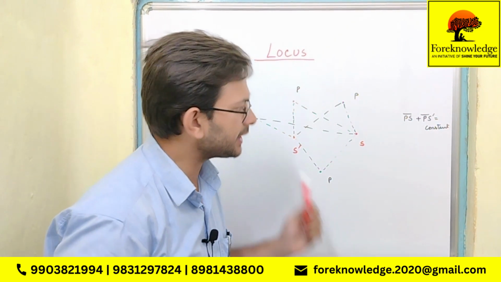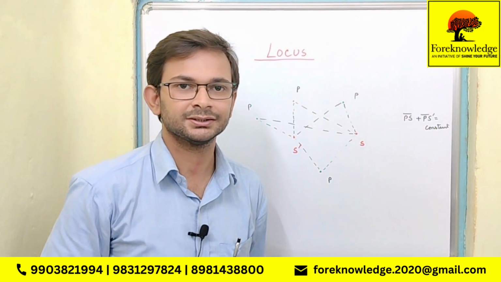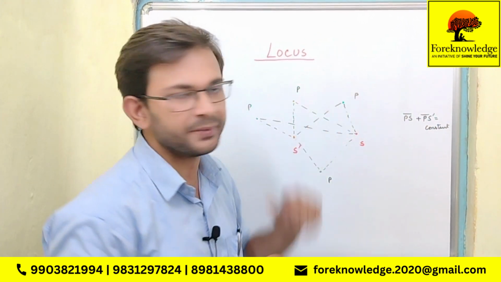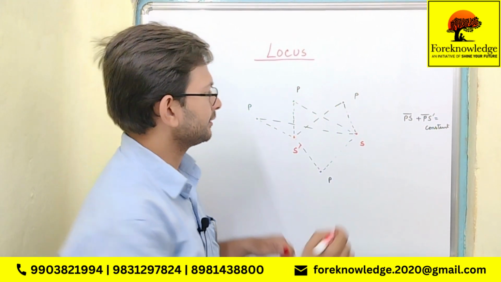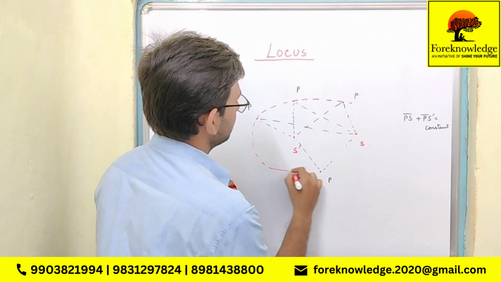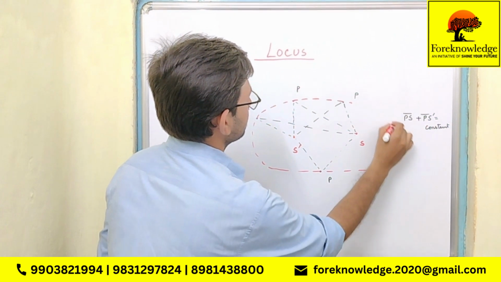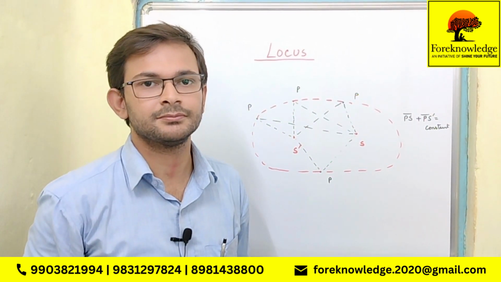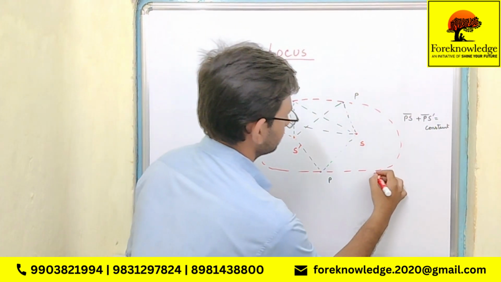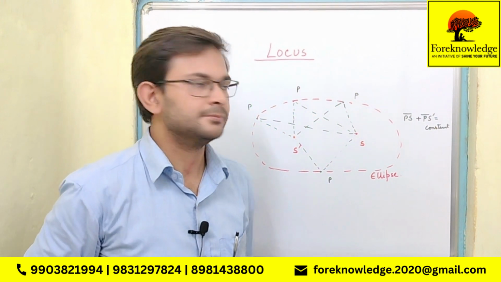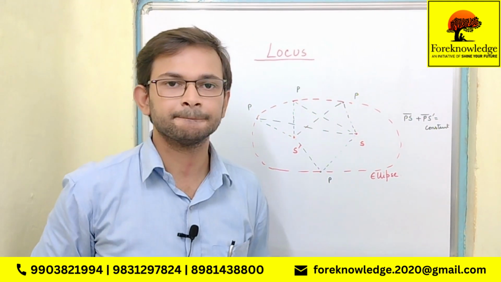So if we keep on moving like this, if we trace the entire way of P, then we'll get an ellipse. This elliptical structure is the locus of P.